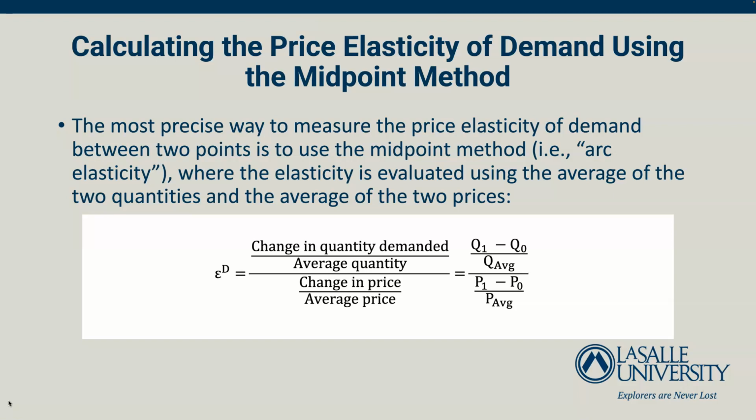So now we're looking at the change in quantity demanded, the new quantity minus the old over the average of those 2, all over the new price minus the old over the average of those 2. For now, let's go back to the exercise and take a look at how we can use this formula to calculate the price elasticity of demand between those 2 points on the demand curve.